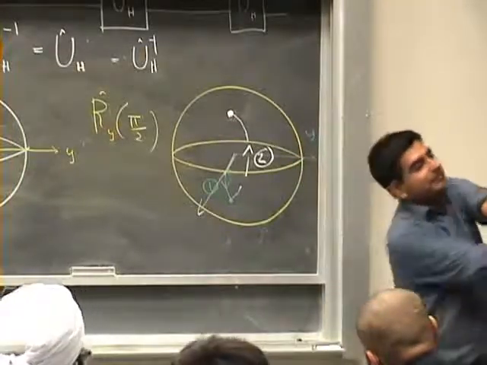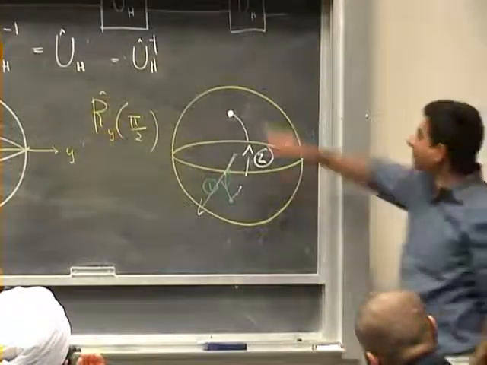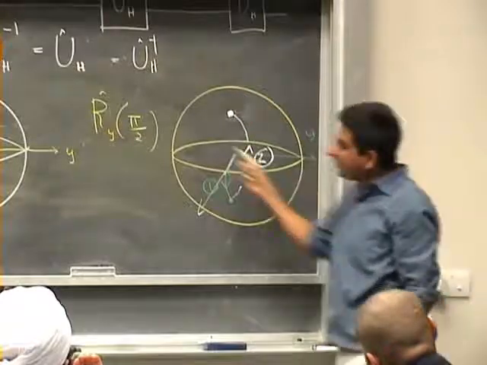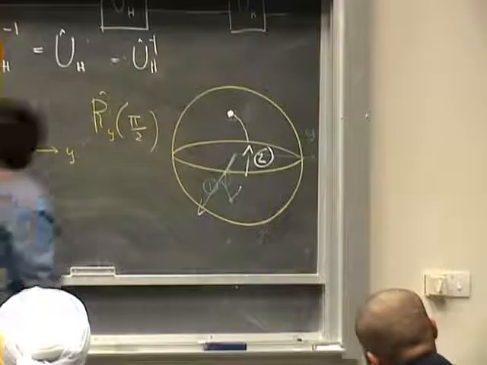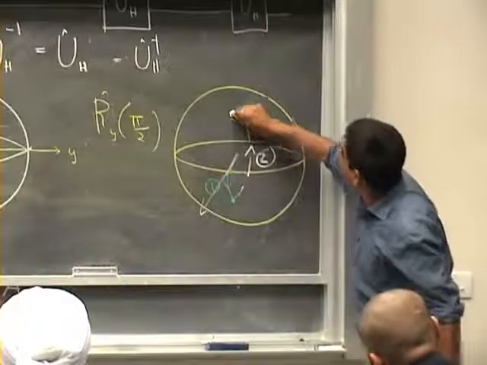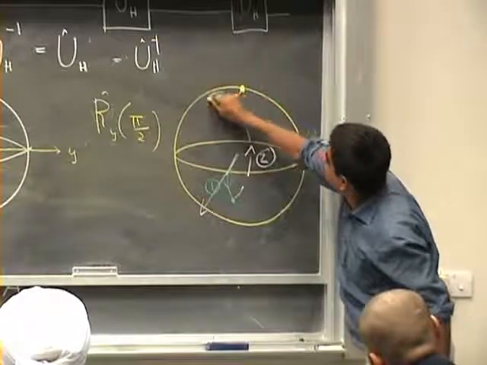I end up in the northern hemisphere at an angle of 45 degrees. Now I would like to go back here. So I again do a 45 degree rotation, minus 45 degree rotation about the y-axis. I come back here. This is the third operation.